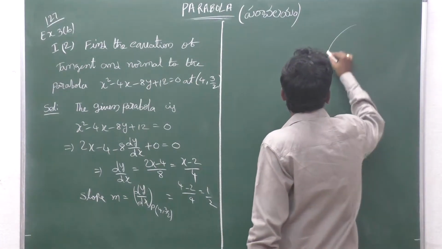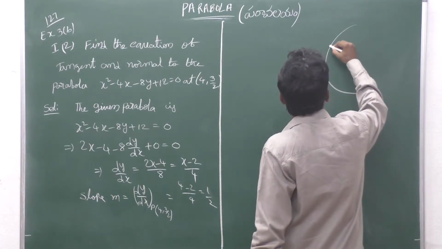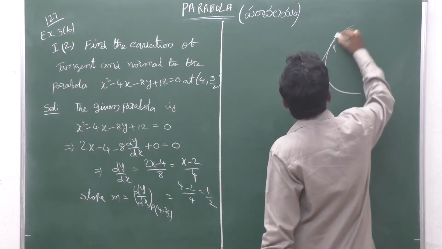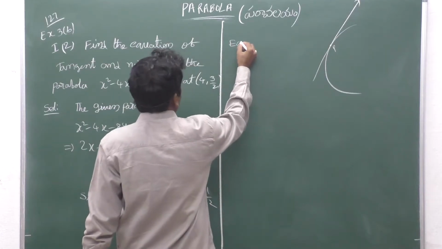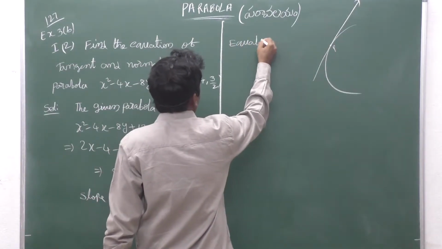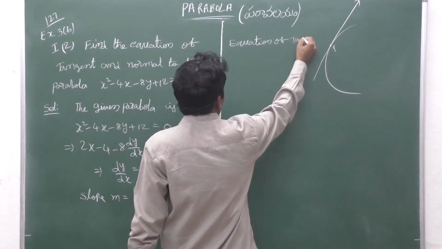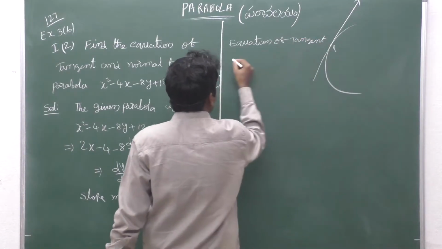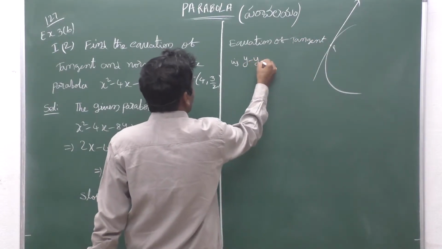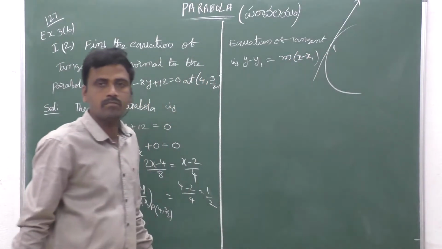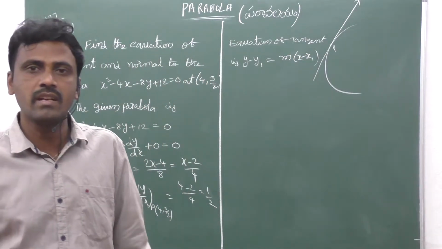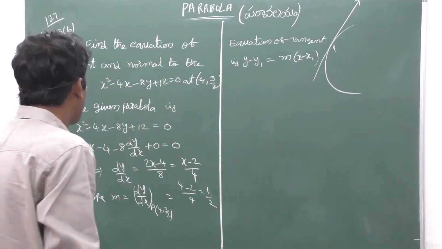Okay, this is the parabola at point P. Equation of the tangent, for this, means straight line: y minus y1 equal to m into x minus x1.